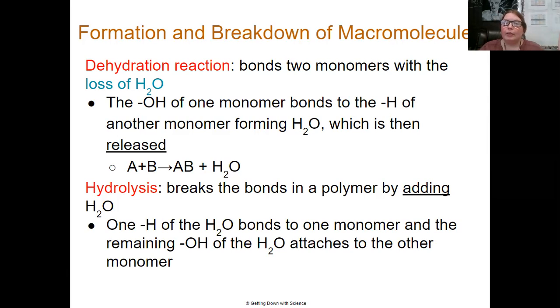When we get into cells and microbiology, that's actually a thing that viruses do. So that word's familiar to me, probably not to y'all. In hydrolysis, basically it's just the reverse. I take a water out to put them together, and I add a water to break them apart.